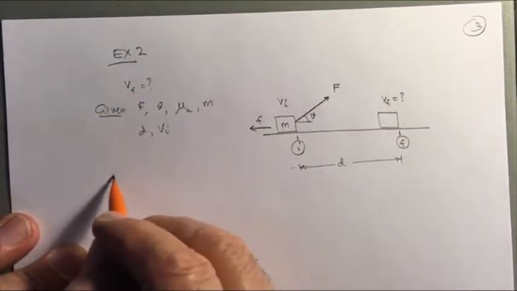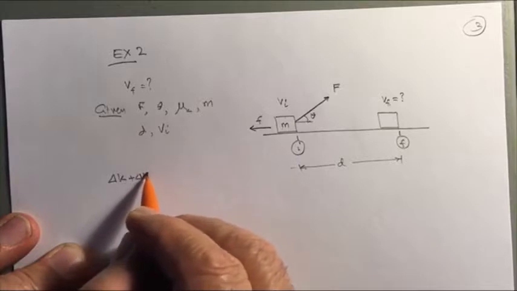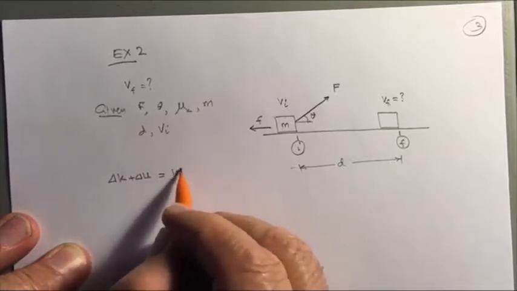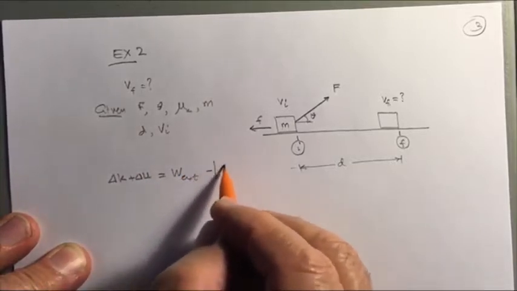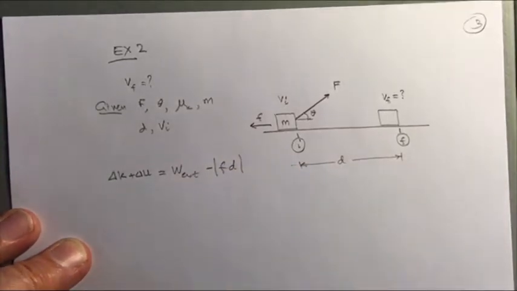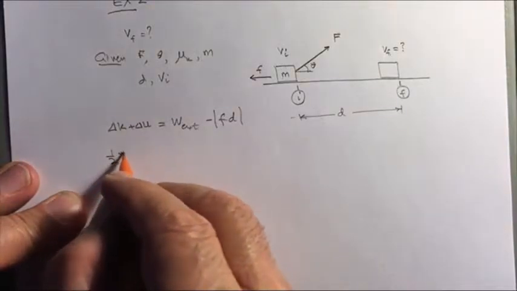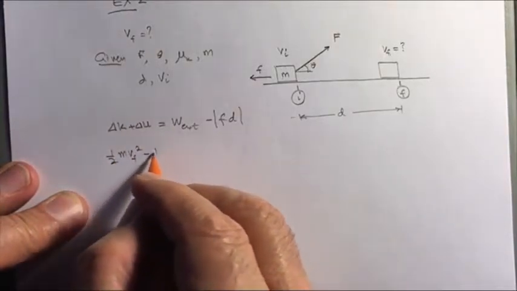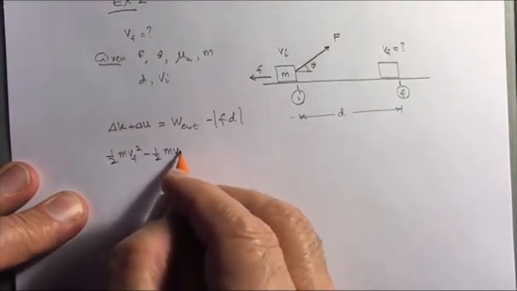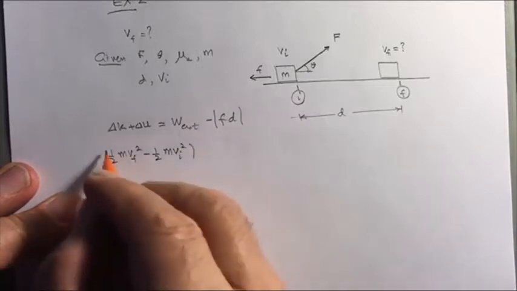So we'll write delta K plus delta U equals the external work minus Fd. The delta K will be half m V final square minus half m V initial square.